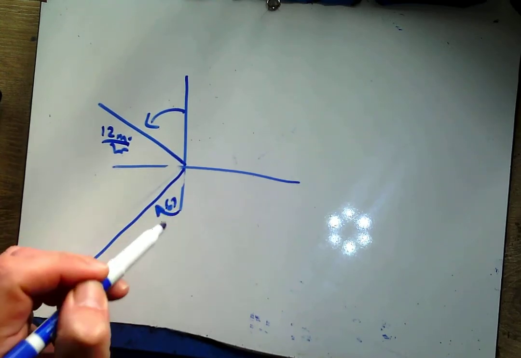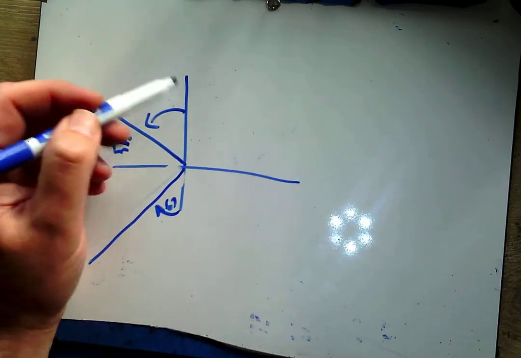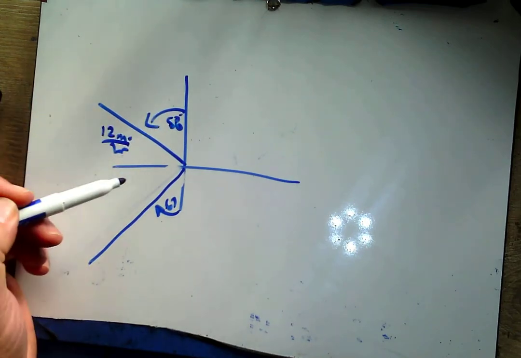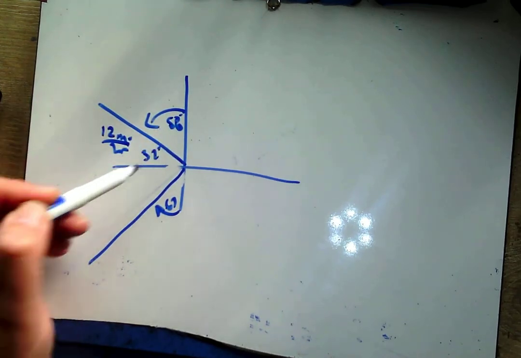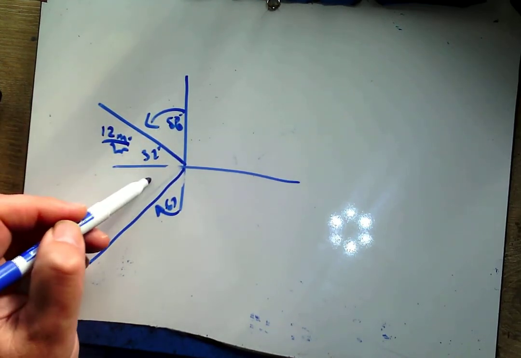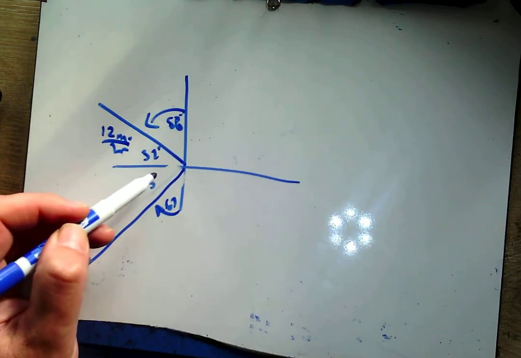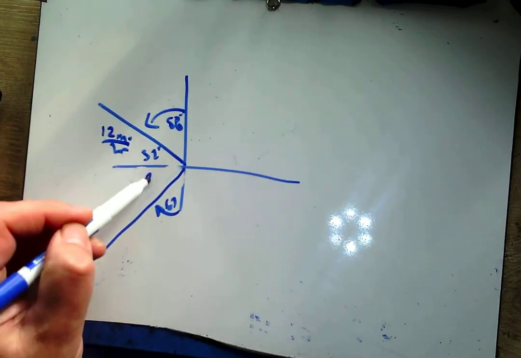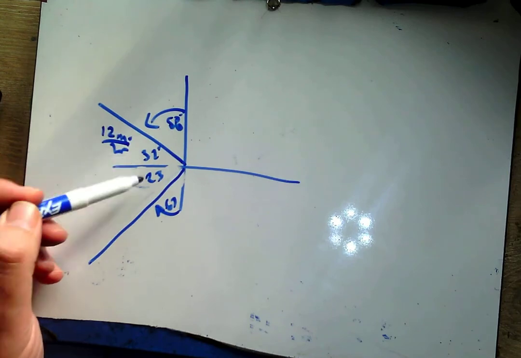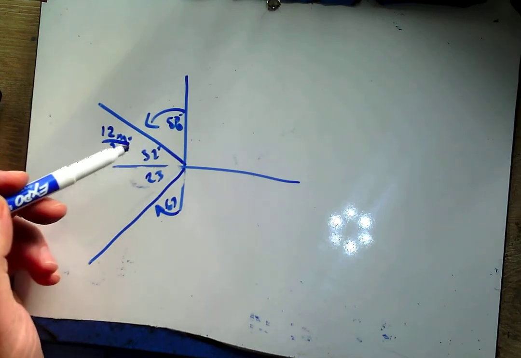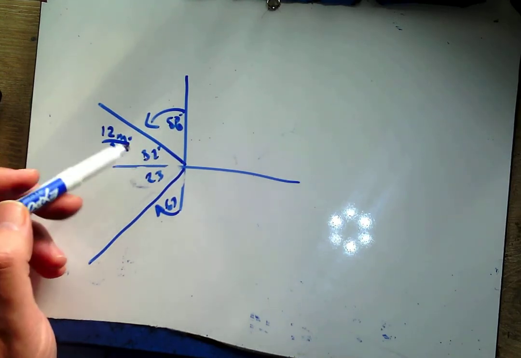That's 67. This one is 58. So this must be 32. And this must be 23. Huh, well that's definitely not a right angle, is it? Yeah, that's going to be 55 degrees there.